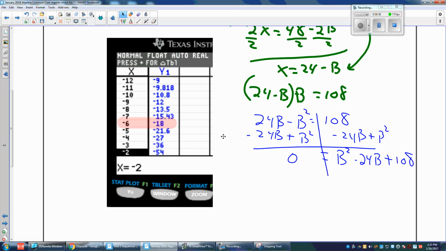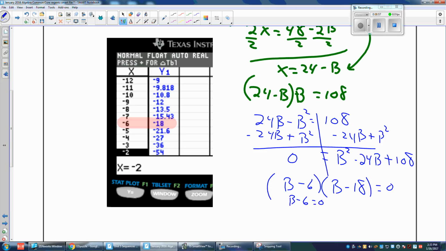So those are the factors. So (b minus 6)(b minus 18) equals 0. So when we solve this, b minus 6 equals 0, b minus 18 equals 0. So b is 6 and b is 18.